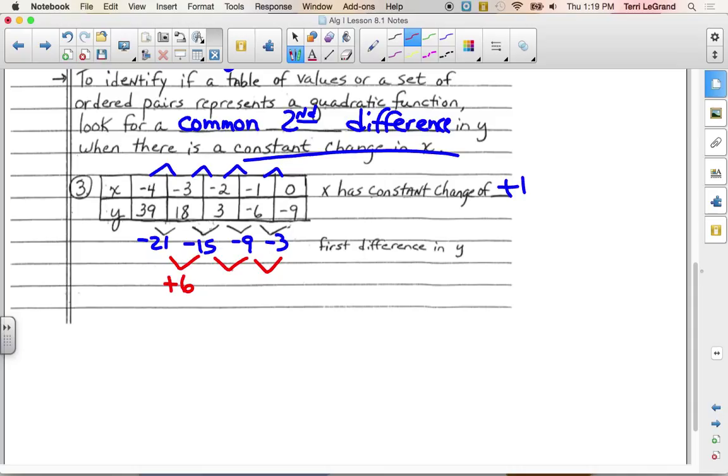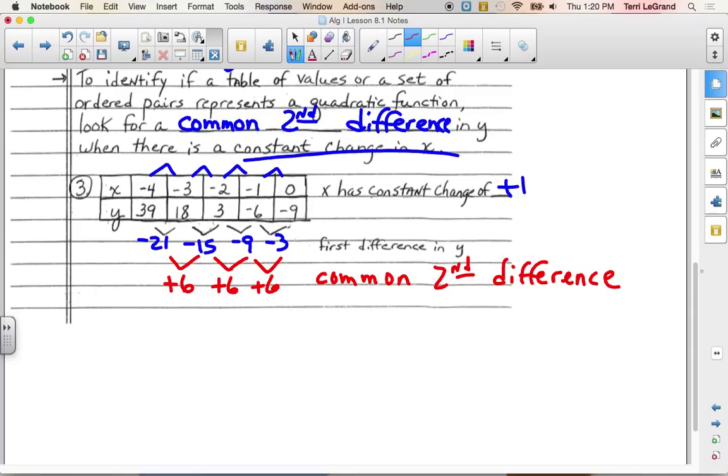Negative 15 to negative 9: plus 6. Negative 9 up to negative 3: plus 6. It's the same. So there is a common second difference.